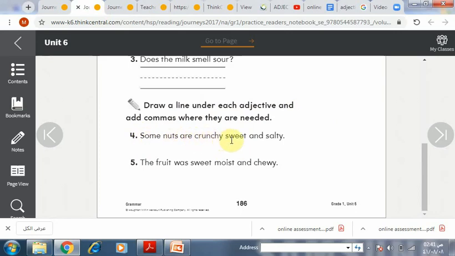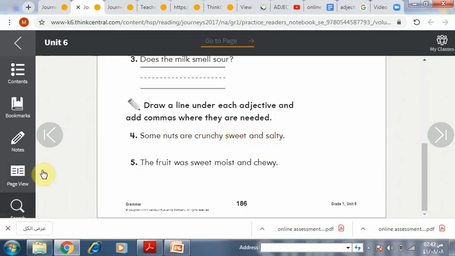Some nuts are crunchy, sweet, and salty. Do you see? We have many adjectives here. The first adjective is crunchy. Okay, that's how something tastes like. Sweet, salty. All these adjectives are describing something we can taste, the nuts. So, underline crunchy, sweet, and salty.